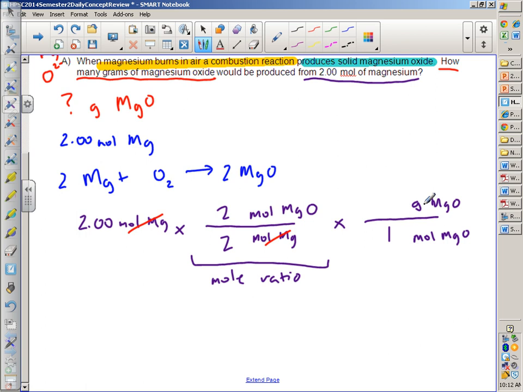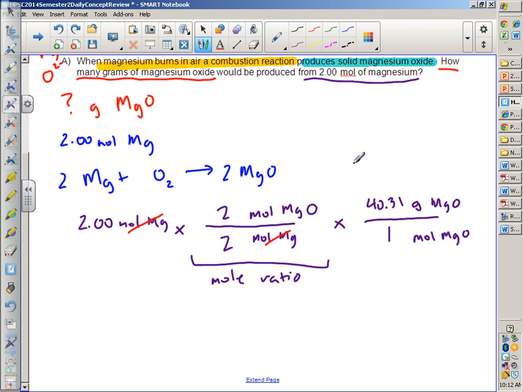Do you know them off the top of your head? I did do it this morning, but I do know that magnesium is 24.31 and oxygen is 16.0, and so when you add those together, you get 40.31. So we just add those two molar masses together, and we get the molar mass for that compound.